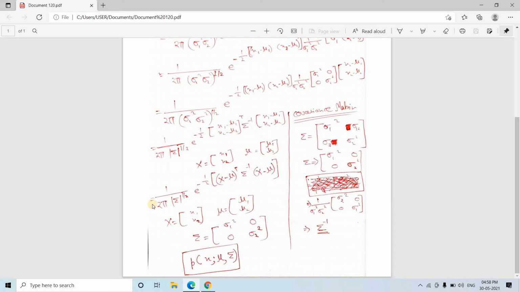That is the multivariate Gaussian distribution equation: 1 by 2 pi determinant of covariance matrix, then that square root, multiplied by e to the power minus half capital X. What is capital X? x1 x2 minus mu, the mean vector, transpose multiplied by covariance matrix inverse multiplied by our x vector minus mean vector.